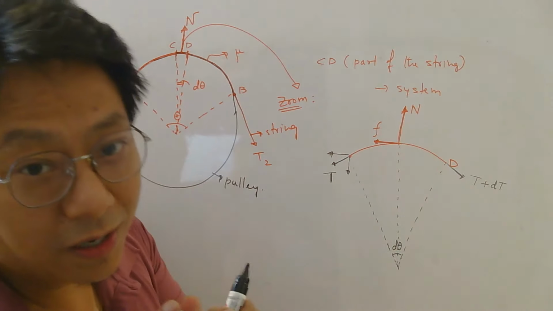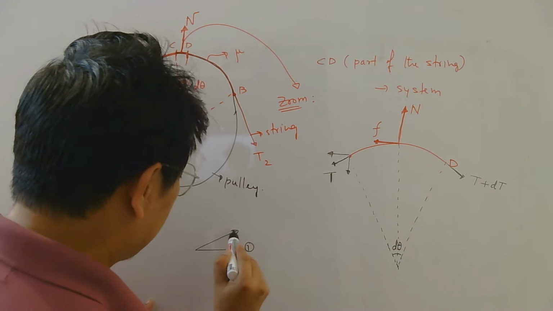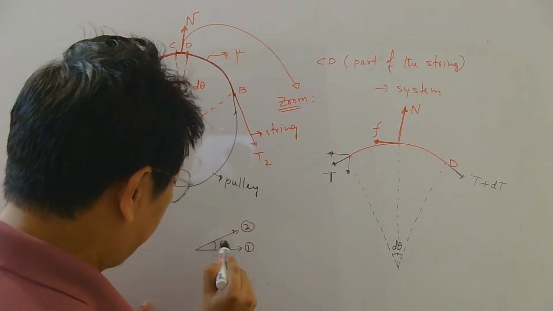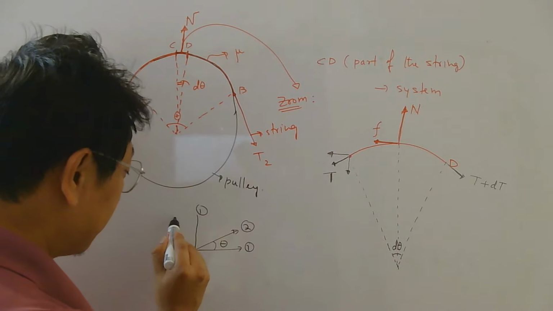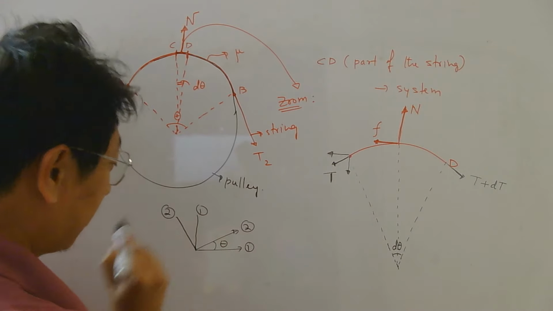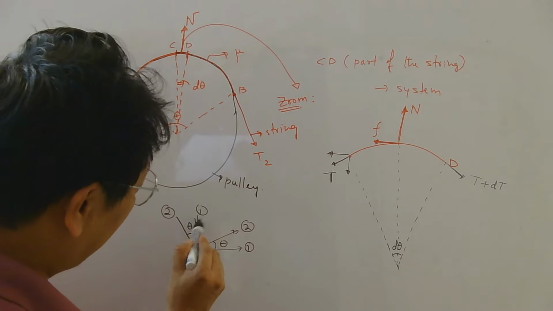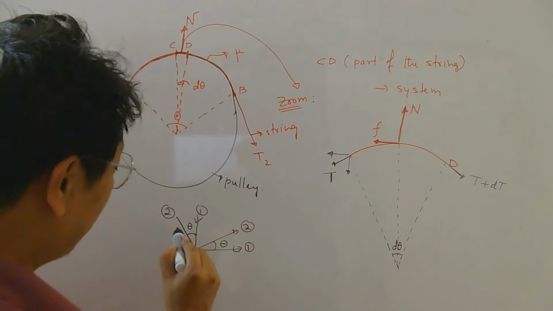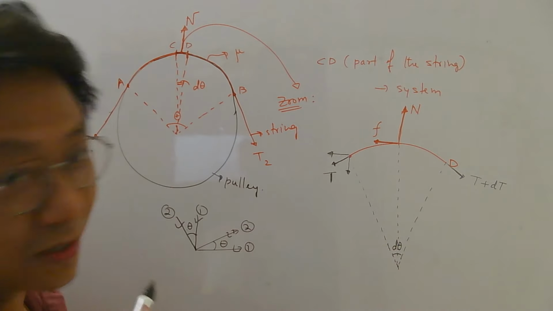What I have told you many times, if two lines have angle theta, their perpendicular lines will also have angle theta. That is, if 1 and 1 are perpendicular, 2 and 2 are perpendicular, then the angles between them must be the same.